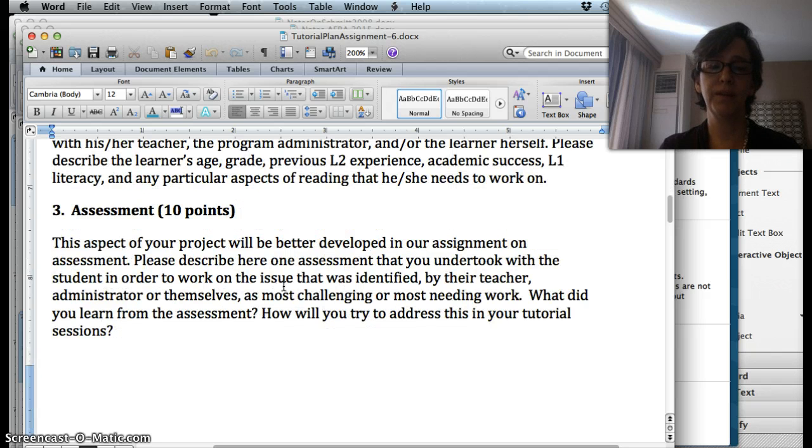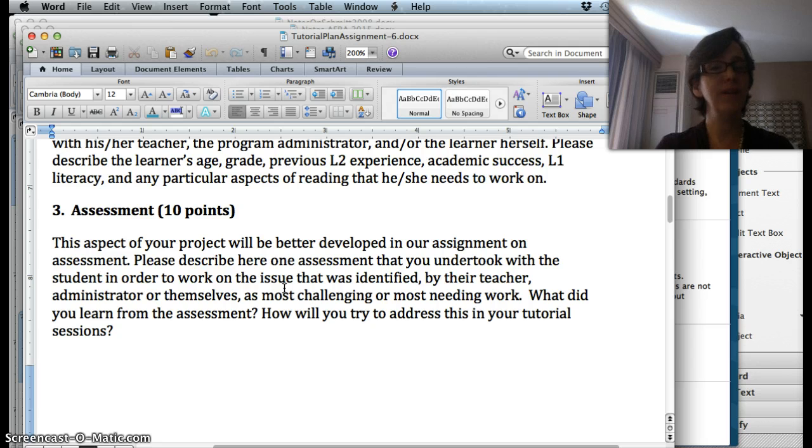Now, in the first session, you're also going to conduct some kind of assessment, and you're mainly going to talk about this in your assessment plan, which is a different assignment. So looking at the assessment, you're going to have to go to the assessment plan and our module on assessment to get more information about this.